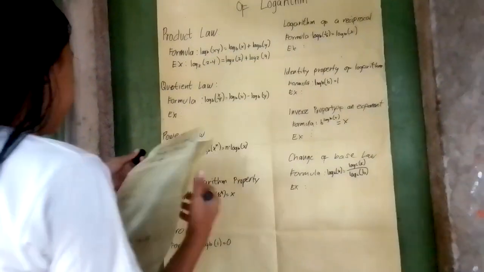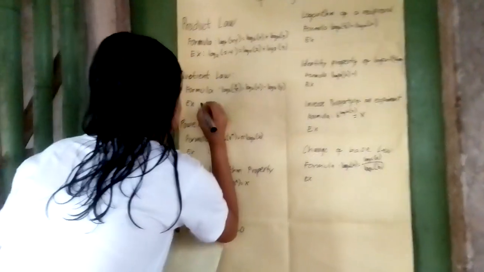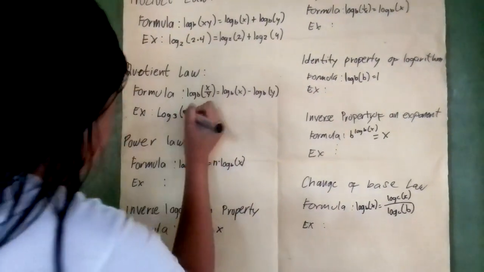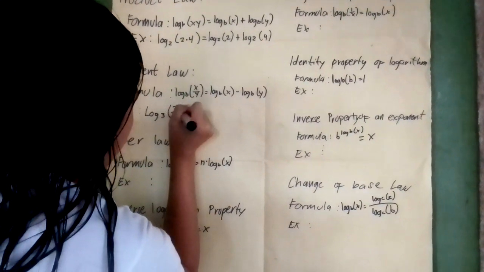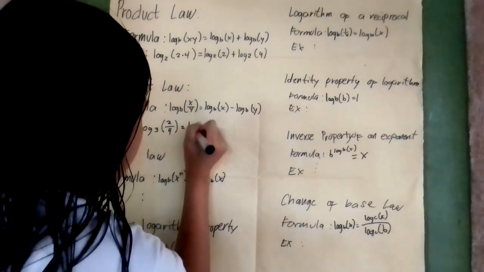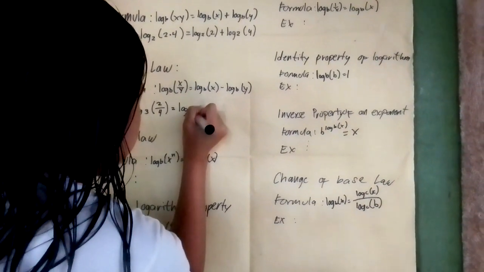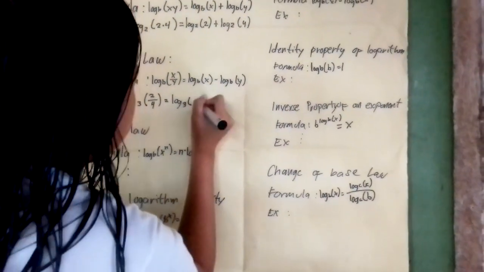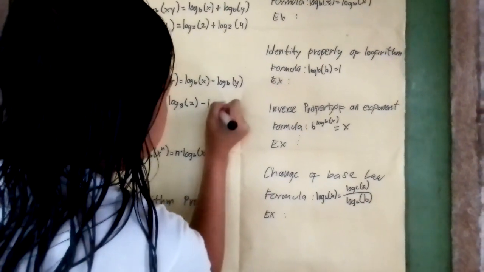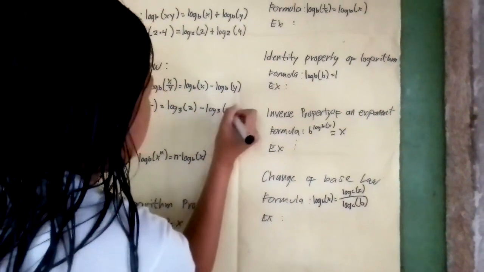So the example for this is log base 3, quantity of 2 over 4 equals log base 3, quantity of 2 minus log base 3, quantity of 4.